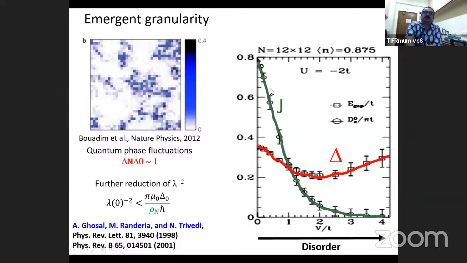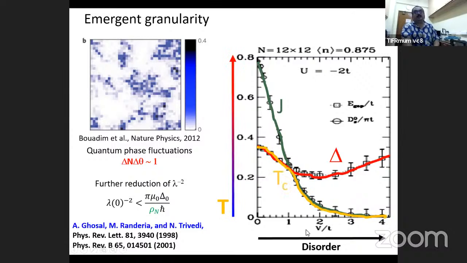But then as you increase disorder, J decreases, crosses over and becomes smaller than delta. This is where, if you did an experiment, Tc initially would be determined by delta. This is the BCS region. And then we will smoothly go over to the phase fluctuation region. So here Tc will be determined by J.